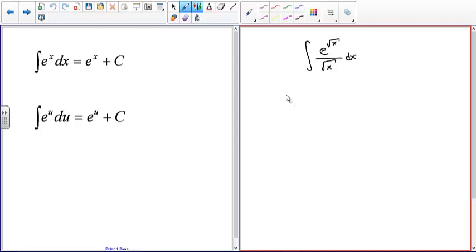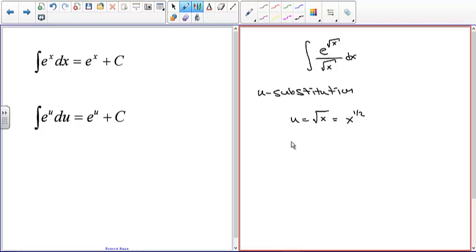So what you would do is you'd use the u substitution, just like we've normally done. So u substitution says you typically take the argument, which in this case is the exponent, of the function. So we're going to let u equal the square root of x, which is equal to x to the 1/2 power.